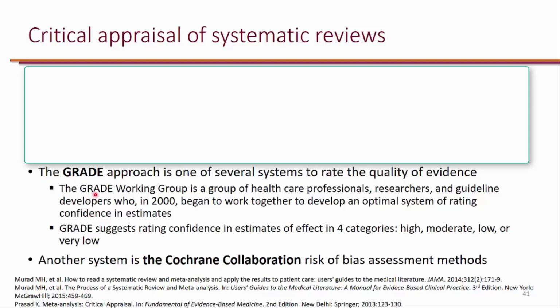So they will tell you, okay, here's the table of all the studies that we have in our systematic review, and then they use the GRADE system, they go through different studies, and they say, okay, this study had a high level of confidence, then the next one maybe had moderate, and so that's a really good way of evaluating the evidence that they're putting in their review. Another system is the Cochrane Collaboration risk of bias assessment methods. So there are different tools. Depending on the study you're reading, you may come across one of these.